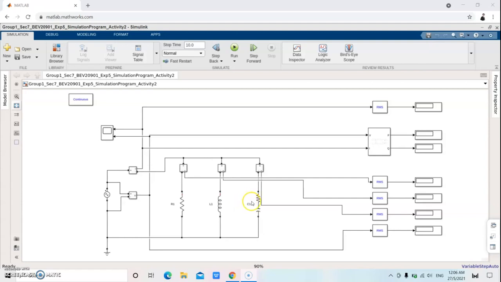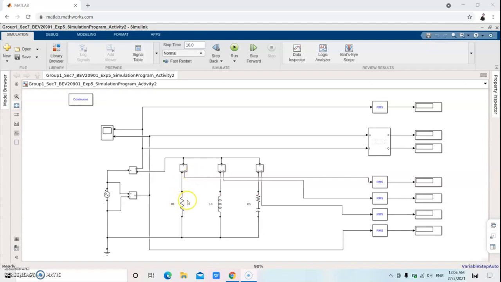And at the capacitor we need to add a resistor to let the capacitor run. And after that we connect back to the AC circuit. And before each element, which is the resistor, inductor and capacitor, we connect to a voltmeter.